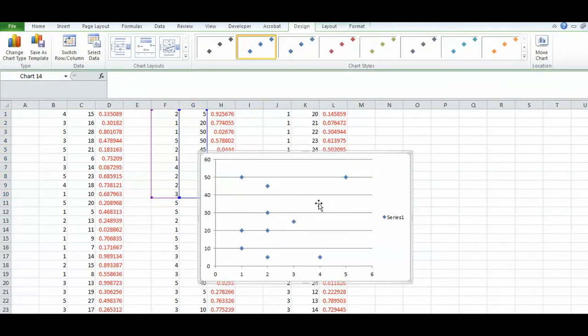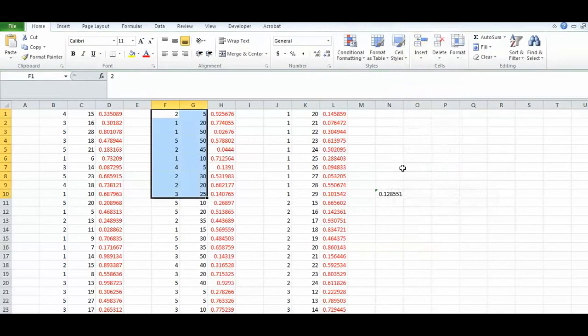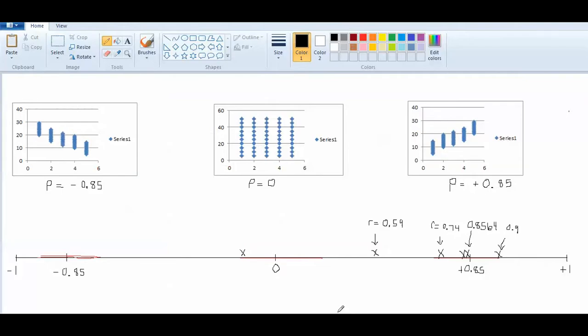It's pretty much no correlation again, and R is 0.12, which is a little bit above 0, probably up here. Here, the sample was down at negative 0.20. Here, it was up at positive 0.12.